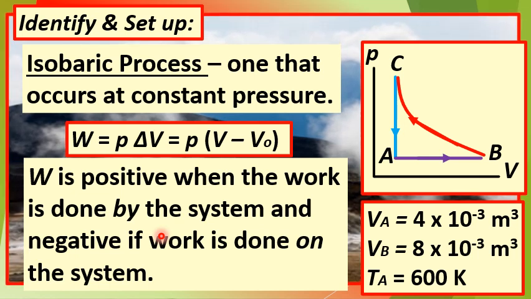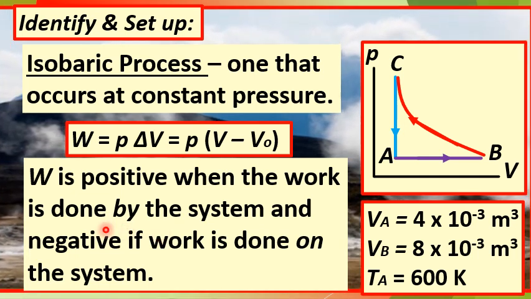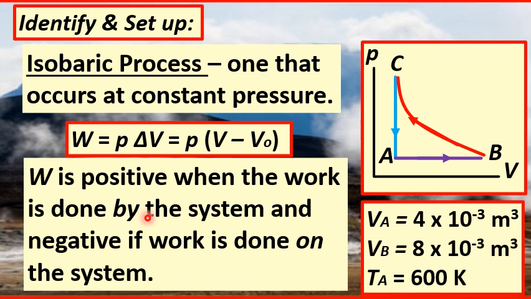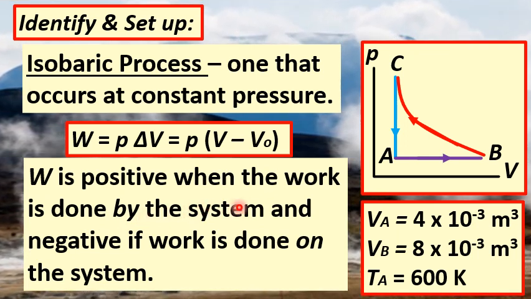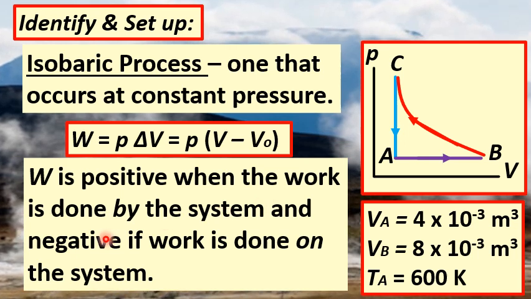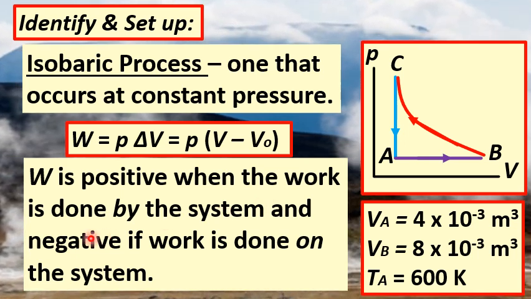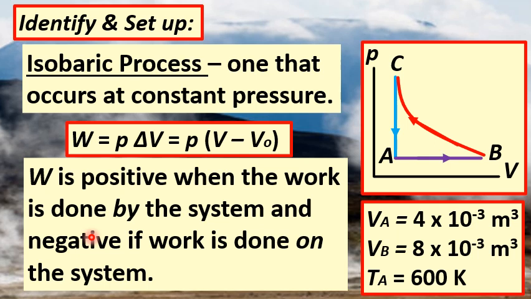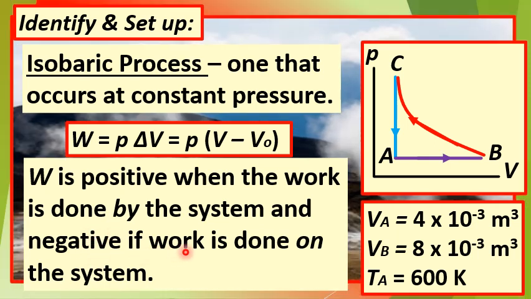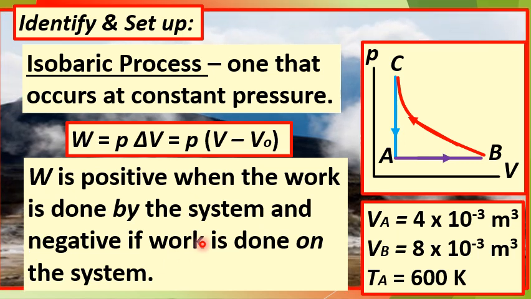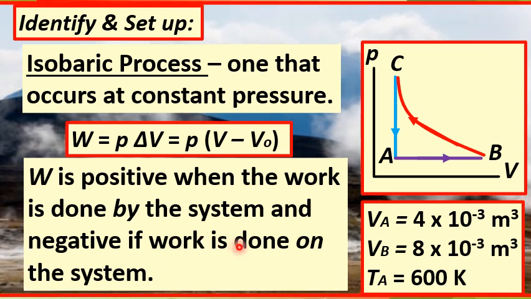Also, we can say that the work done W is positive if the system is the one doing the work, and the work W is considered negative if it is the surroundings that are doing the work on the system.